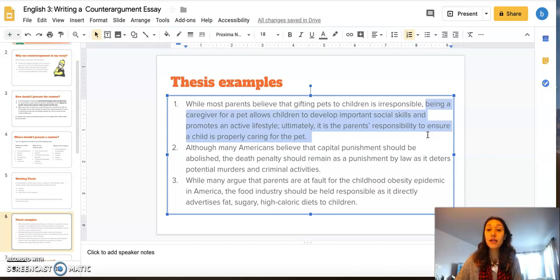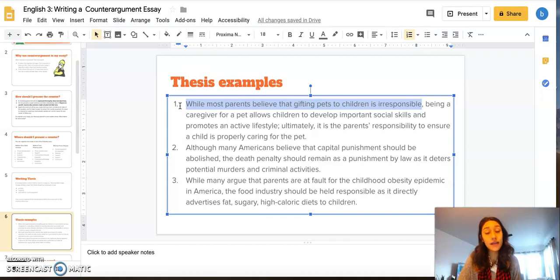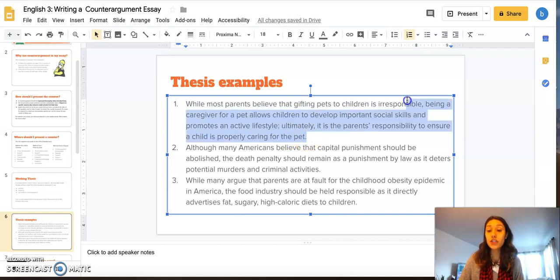So here it's presenting the position and the supports, but it's also including a hint of counter-argument, which is right here. Some people might believe that it's not okay to give kids pets as gifts. And that's showing the opposition, but then it's also showing the writer's position and his or her supports.